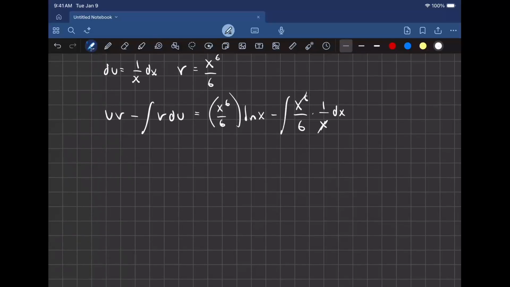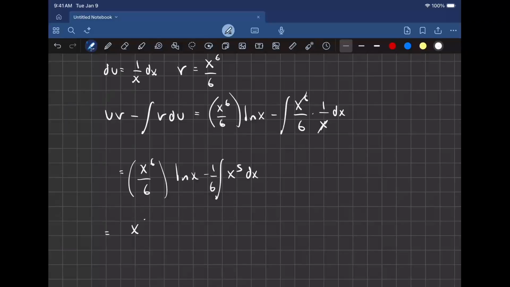You can get rid of an x here. So we have x to the 6th over 6 minus, we'll pull out a 1/6 here, and then just the integral of x to the 5th dx.